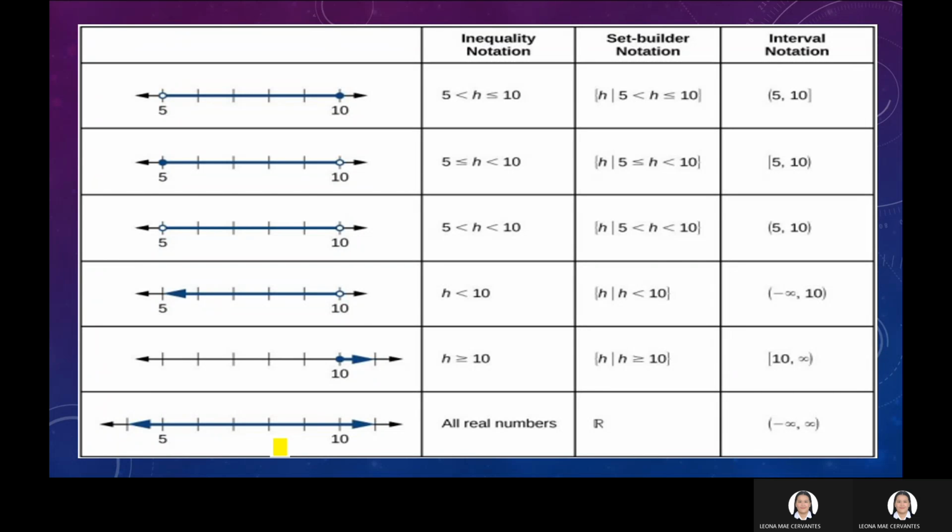Now let's have an example. So first example, 5 is not shaded or not included. Next, 10 is shaded or included.